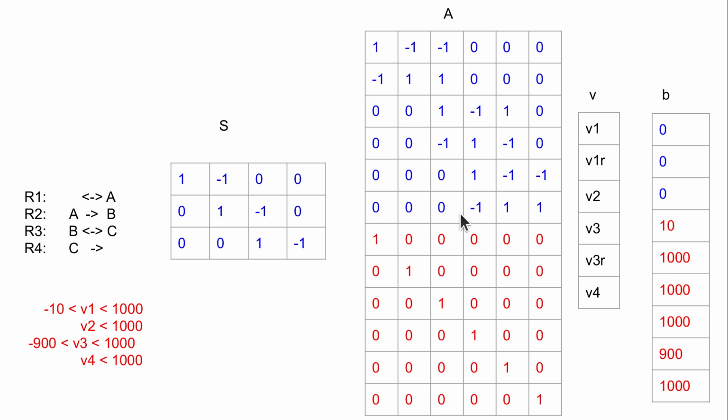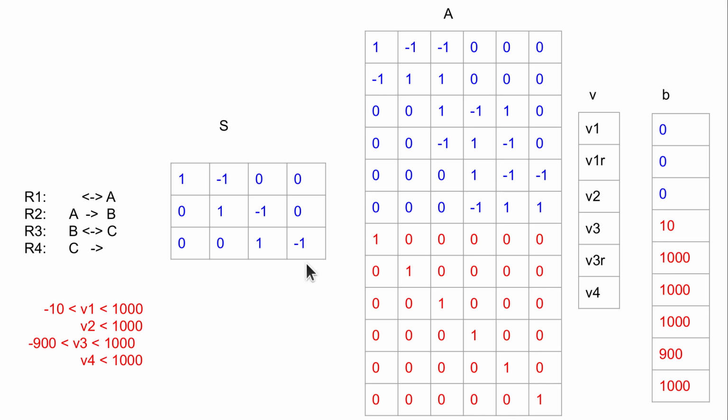And then we're also going to have to add a whole second part to this A matrix that corresponds to the constraints on both our original reactions in terms of putting the bounds about or positive bounds, while also adding additional constraints for the negatives as well, which is typically done by these virtual reversible reactions and putting an upper bound on those in case that the lower bound is negative.